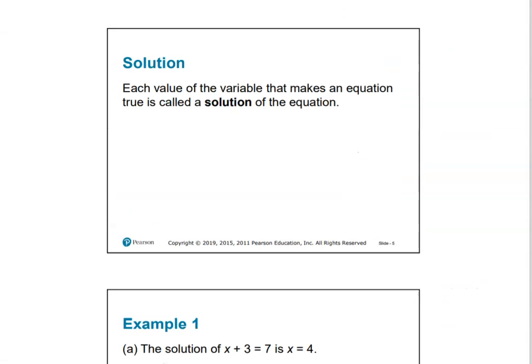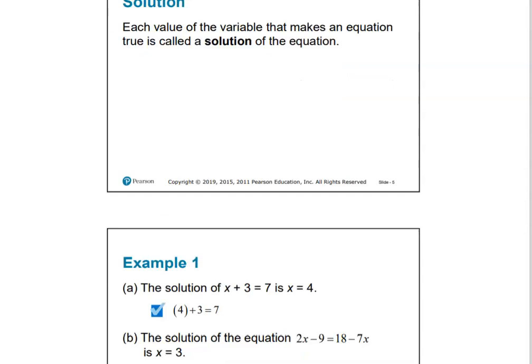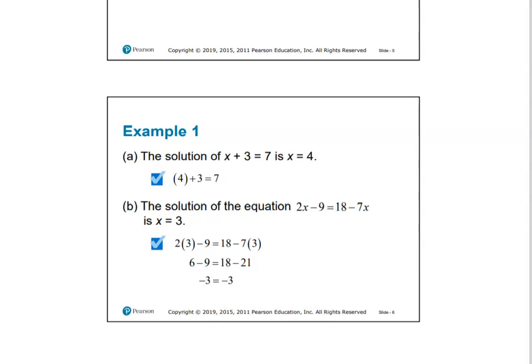Each value of the variable that makes an equation true is called a solution to the equation. So the solution of x plus 3 is equal to 7 is x equals 4, because we take 4 and plug it in where x was.